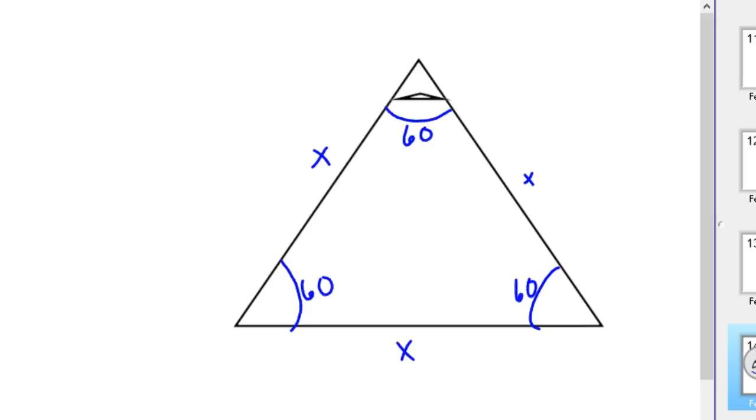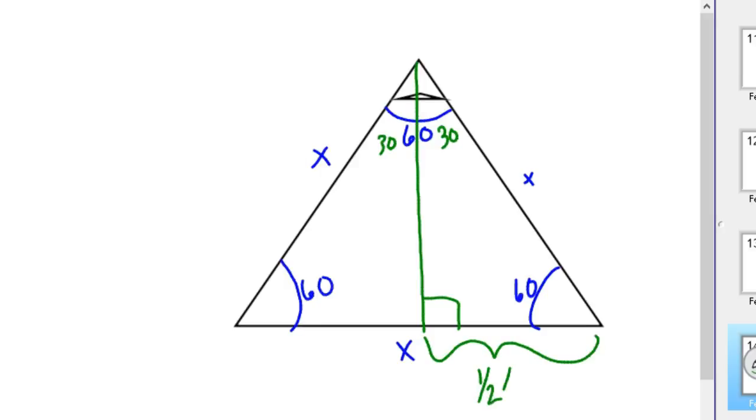What's nice about an equilateral triangle is we could split that thing in half. And when you do that, when you draw in the altitude, that's called an altitude, the angle becomes 30 on each side. And then the side on the bottom is half of x. So here on the hypotenuse of that right triangle, that's exactly double x.